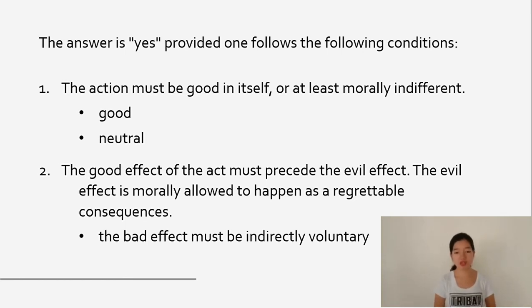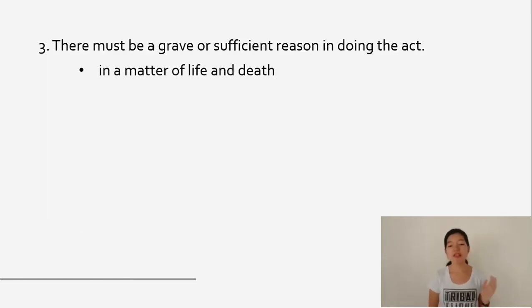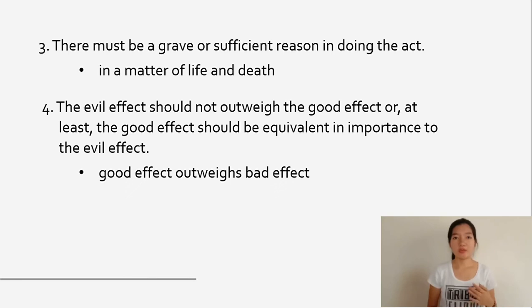Then the third condition says that there must be a grave or sufficient reason in doing the act, meaning there must be a desperate need to do the action, or the situation must be at the point between life and death. Number four, the evil effect should not outweigh the good effect, or at least the good effect should be equivalent in importance to the evil effect.